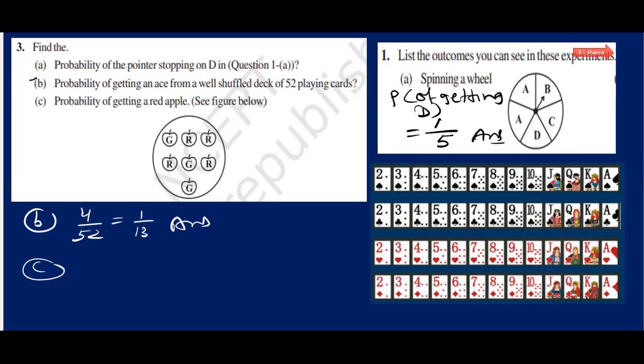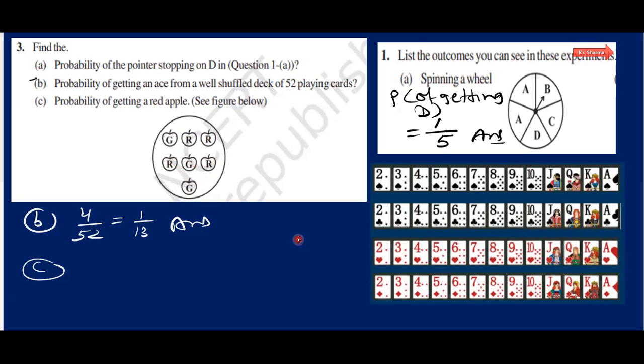And for part C, probability of getting a red apple. देखिए इतनी सारी एप्पल्स है, ग्रीन रेड रेड रेड ग्रीन रेड एंड ग्रीन. टोटल एप्पल्स कितने एप्पल्स है देखिए? 1 2 3 4 5 6 7. फिर से काउंट करते हैं. 1 2 3 4 5 6 7.